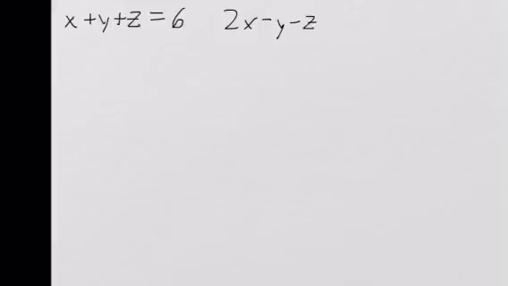So, I'm going to give you the system of equations: x plus y plus z is equal to 6. And then 2x minus y minus z is equal to negative 3.